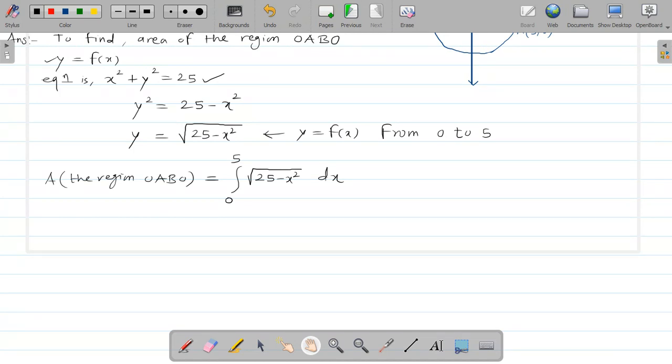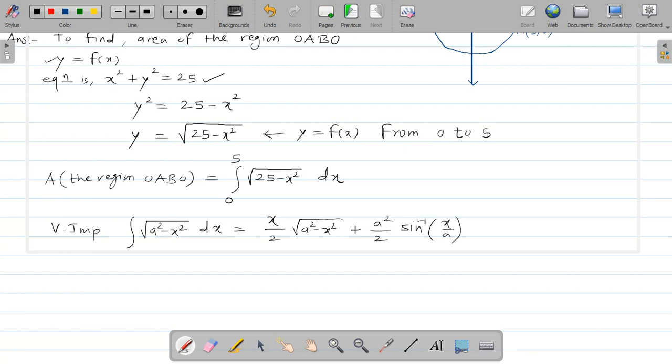Now to get the integration of root of 25 minus x square, there is a very important formula of integration that you have to remember: the integral of root of a square minus x square dx is nothing but x by 2 into root of a square minus x square plus a square upon 2 sine inverse of x upon a.